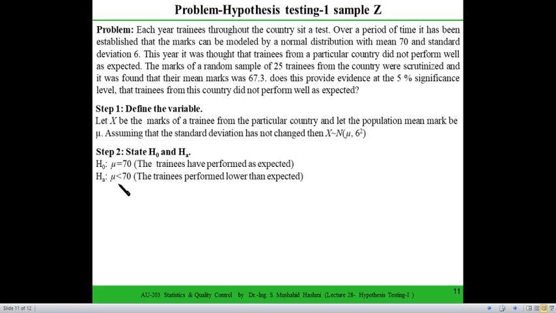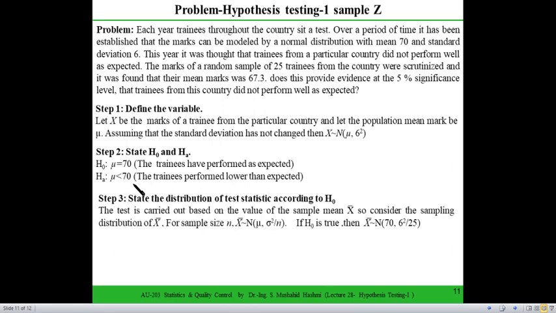Keep in mind, I cannot say the mean marks is greater than 70, because the performance is less than the expected performance. So we always need to take an alternative hypothesis, mu is less than 70. So this always comes as a one-tailed test.